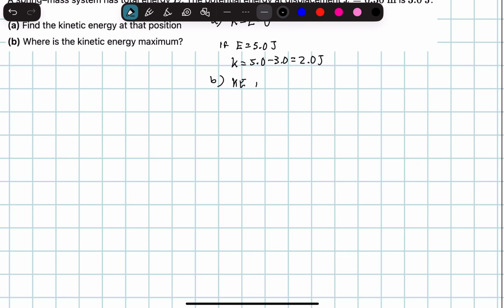Kinetic energy is max when U is equal to 0. So that means that x is equal to 0 at equilibrium.